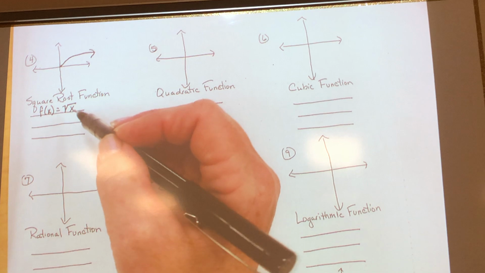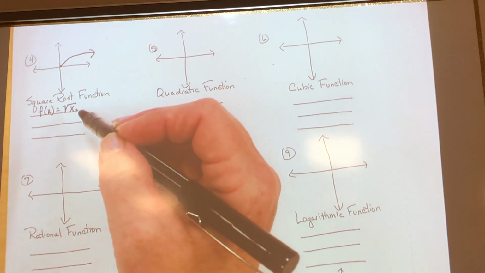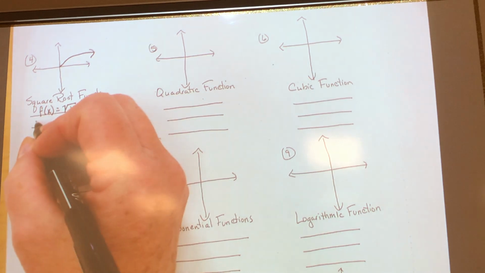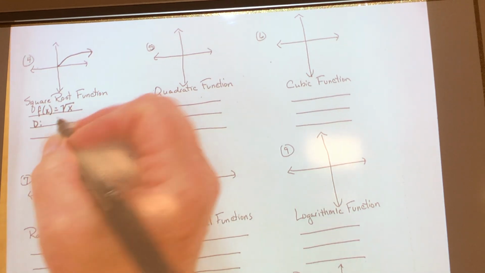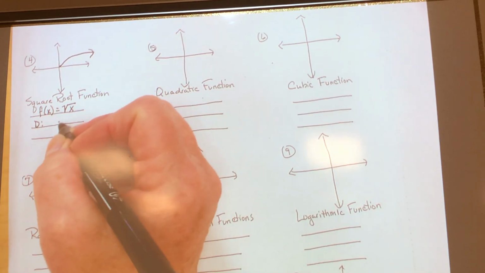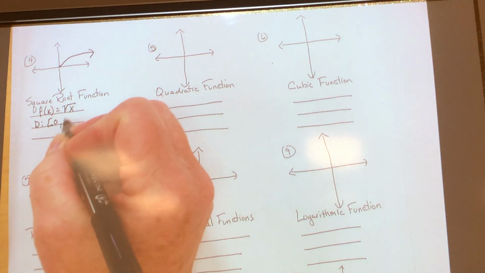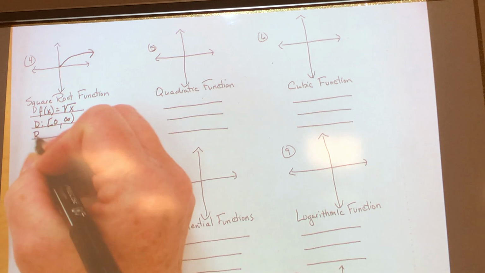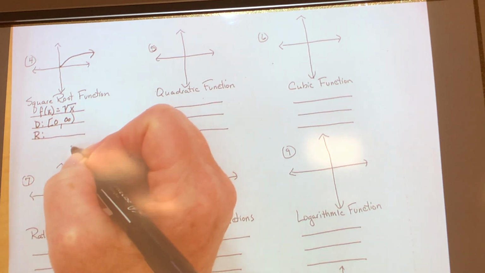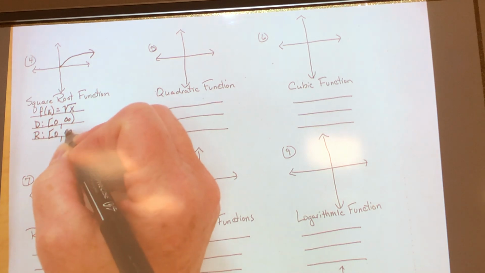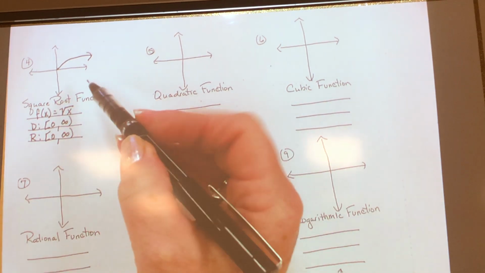Yeah, and you could go, oh yeah, now I know what it looks like. You see what I'm saying? Okay, what's my domain? 0, inclusive or exclusive? Inclusive. You can take the square root of 0. And what's my range? 0 inclusive to positive infinity.